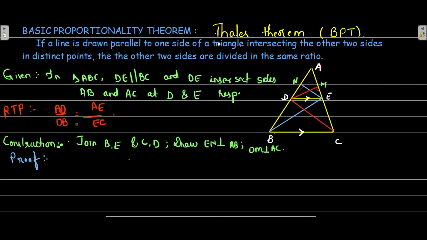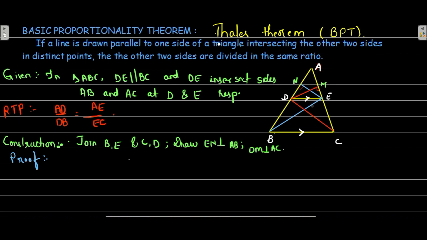Let us prove this theorem. For this, we will draw a triangle ABC. What is given? D and E are the points of intersection of the line DE on AB and AC.